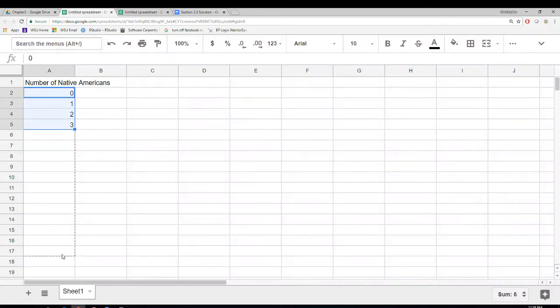And then I need to drag this all the way down. It's going to take a while. I need to go down to 535 here. Looks like I'm about 300.